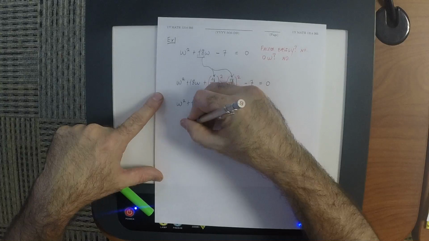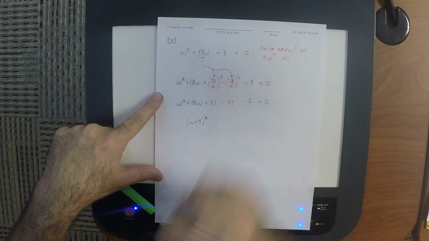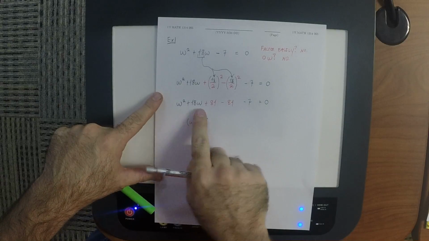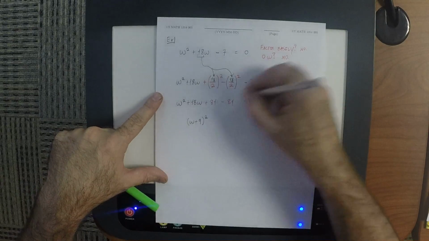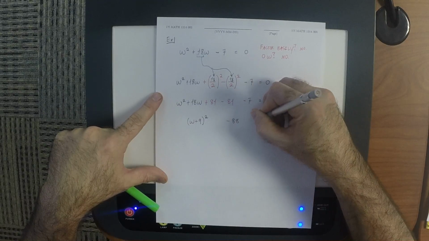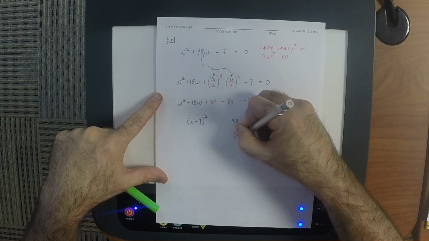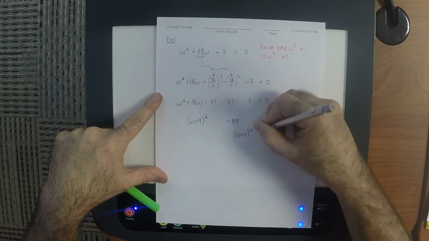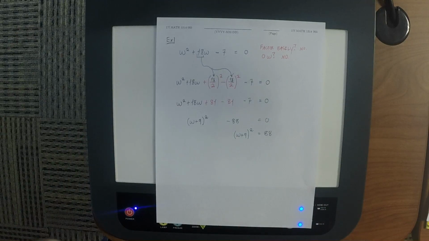So notice that they factor to a square, which is part of the point of doing this. And then we can collect the constants together and get that, and then move the constants to the other side to obtain this.